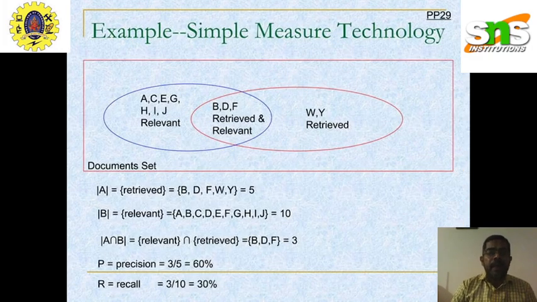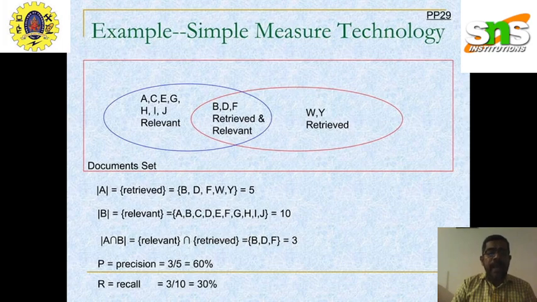Now let us take one more example. I have the relevant set A, C, E, G, H, I, J. So these are all relevant. And the retrieved set is W comma Y. And then the common space: retrieved is B, D, F. That is the retrieved and relevant. So mod of A intersection B equals relevant intersection retrieved.